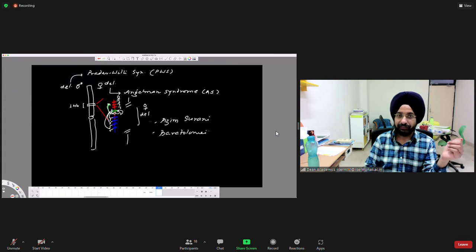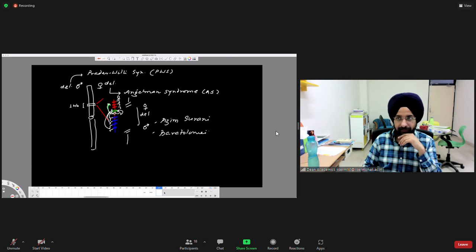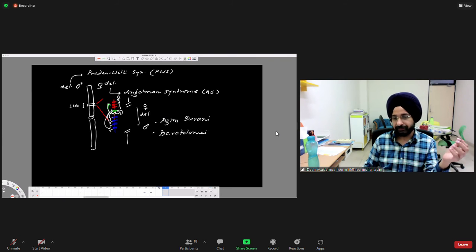And if this deletion is paternal, then the function of these paternal genes is gone, and so the maternal genes will have their influence on the offspring. So this is imprinting, and we will see that with another example. If you have 5 more minutes, I can elaborate on a better worked-out example. Can I go ahead?